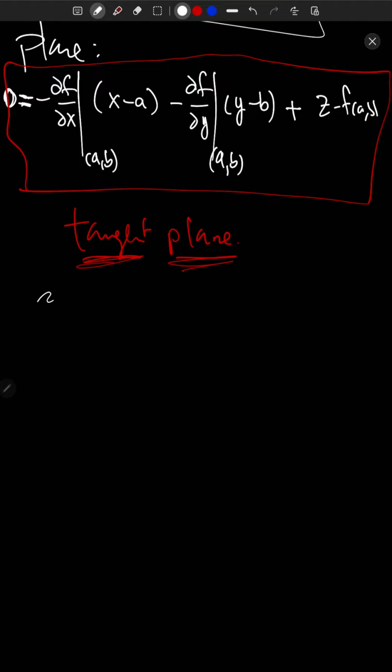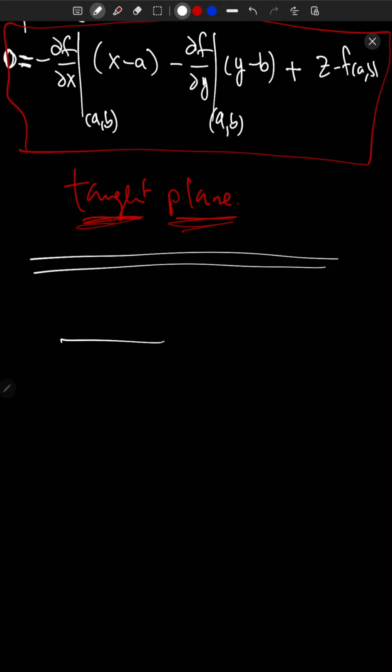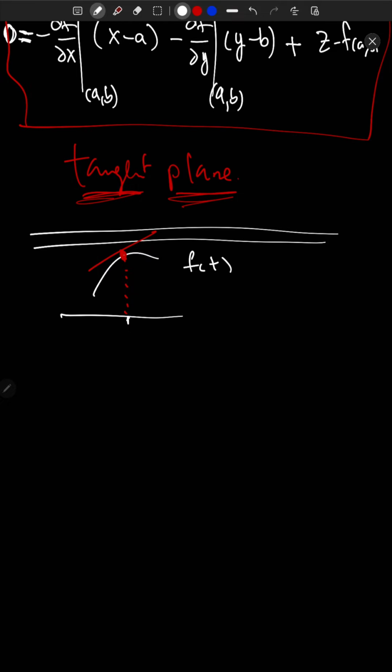Remember we started this with linear approximation of a one variable function, f(t). We said that the essence of the derivative is the fact that linear approximation works. So the essence of differentiability in multivariable calculus is that the tangent plane that I wrote up here should work as an approximation for my two variable function.